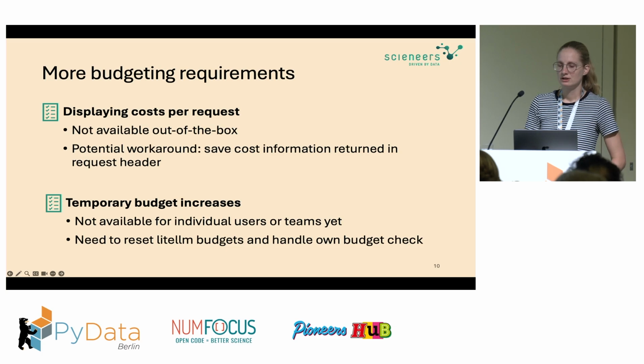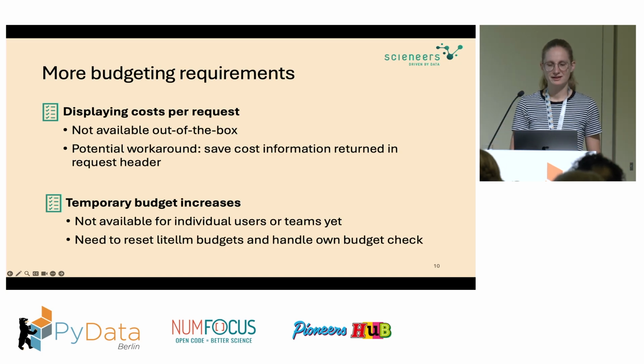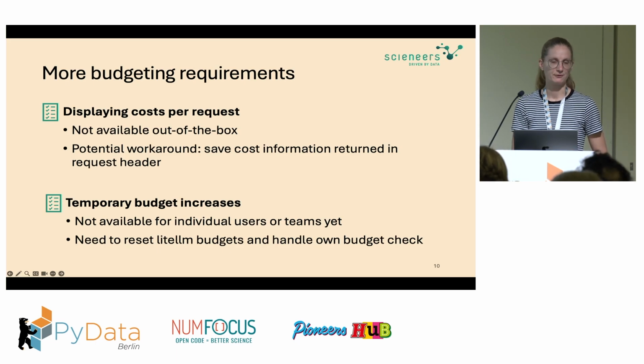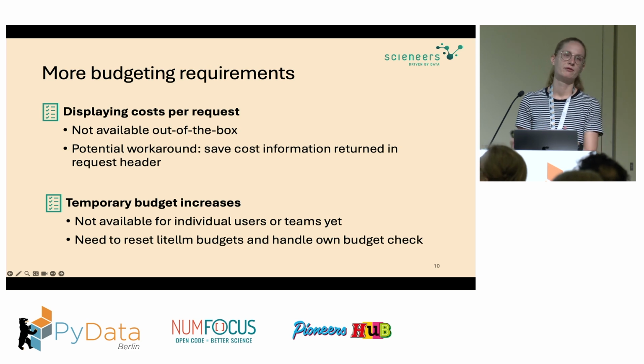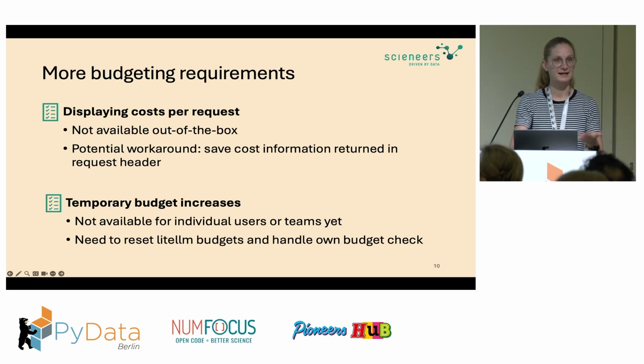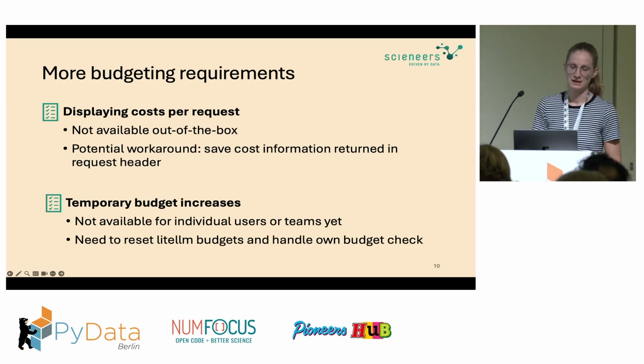Unfortunately, LiteLLM has something like that exactly for API keys in their enterprise version, but not for individual users or teams, which we would need in this case. So again, that's not available out of the box, but of course, we could implement our own process around that: take all this budgeting out of LiteLLM, handle it on our own, and somehow wrap the LiteLLM calls into our own budget check. Or, of course, try to bring all these features into the project itself.